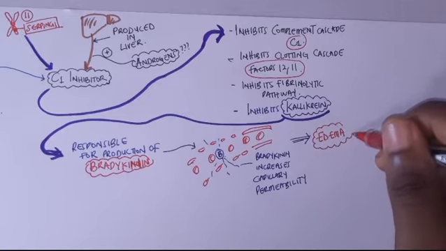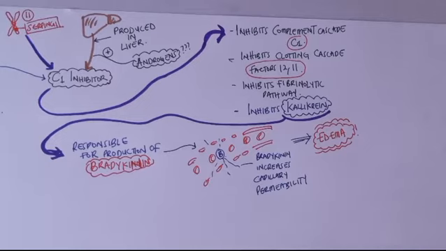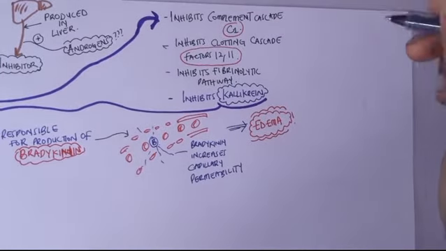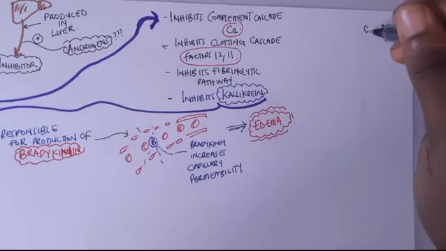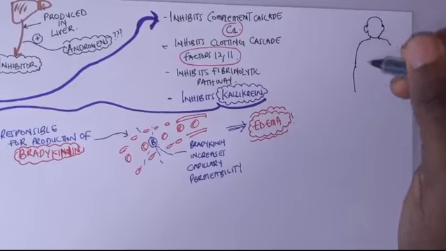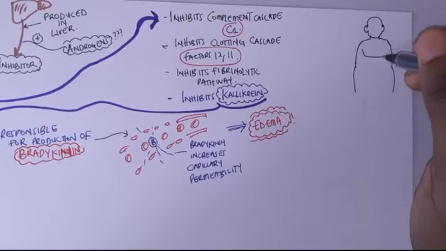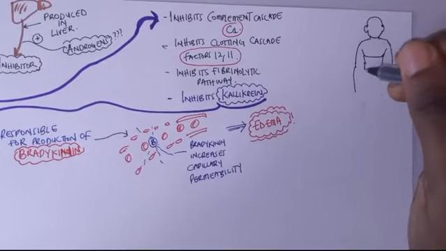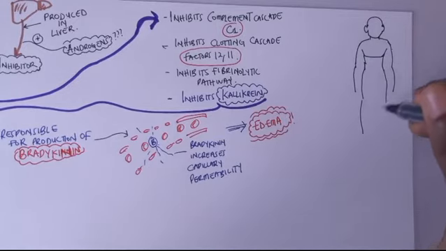So that's the basic physiology. You have a deficiency of C1 inhibitor, or a resistance to or dysfunction of C1 inhibitor, eventually leading to loss of the function where it inhibits the kallikrein system. When that happens, there's an increase in bradykinin and increased capillary permeability, and you're going to have generalized edema.